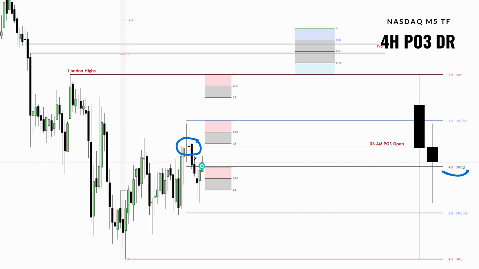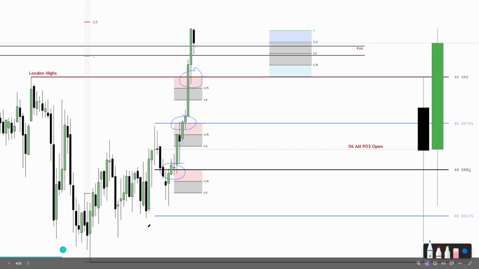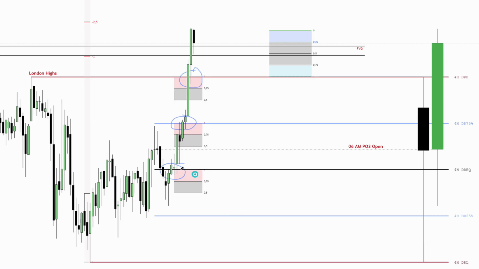If price closes above, you will expect the retracements in this area at maximum. Price closes above 75, you will expect the retracement for continuations. Look here, price closes above equilibrium, retracement in this area, reaccumulation, price closes with candle bodies above the 75 and continues to the dealing range high.